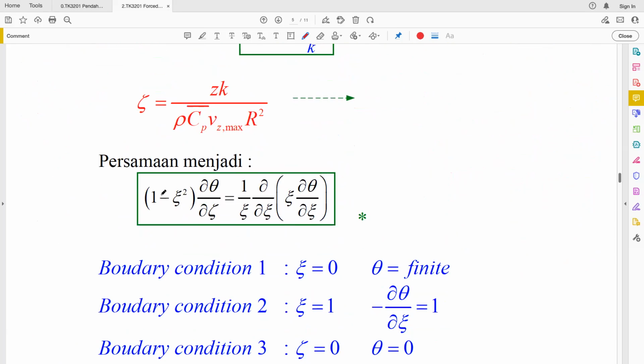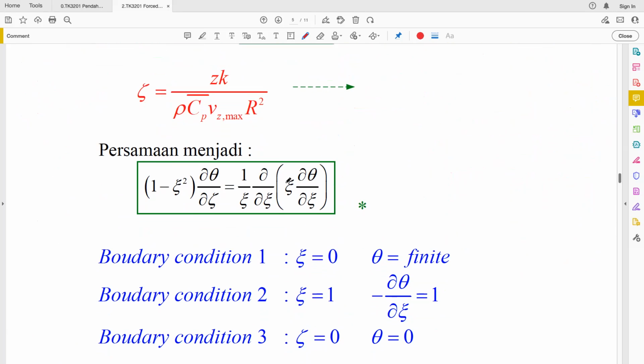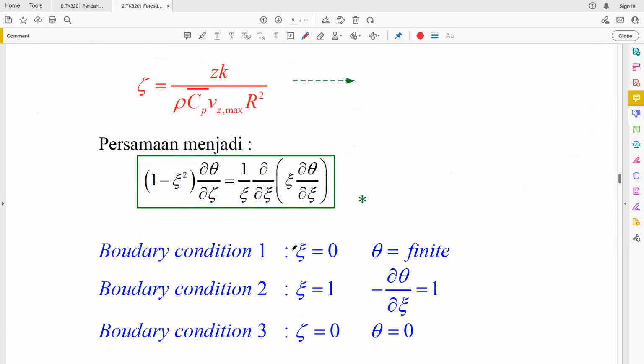This equation will have boundary conditions. When C equal to 0, or when r equal to 0, theta is finite. The temperature is finite, or if we change to the dimensionless number, theta is finite.